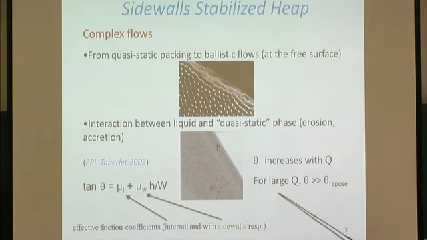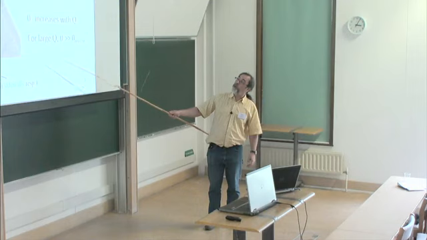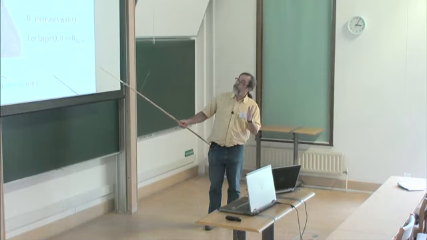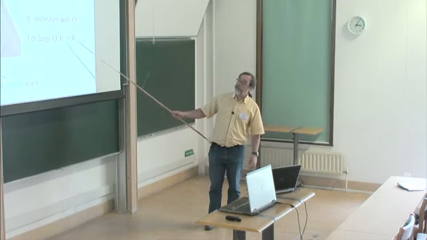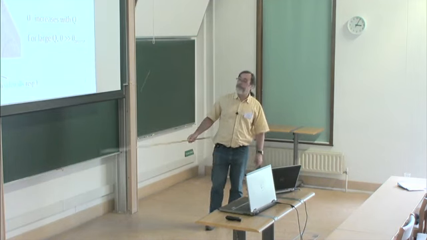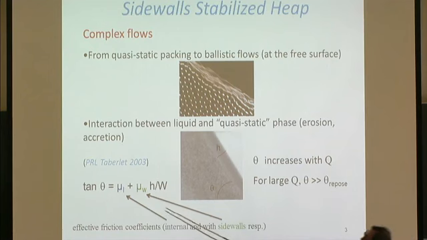So for large Q, you get flows at angles which can be much larger than the angle of repose. It has been shown that these flows obey a flow law which relates the angle to the thickness of the flow divided by the width, the gap between the two side walls.